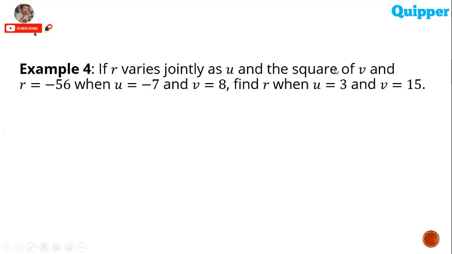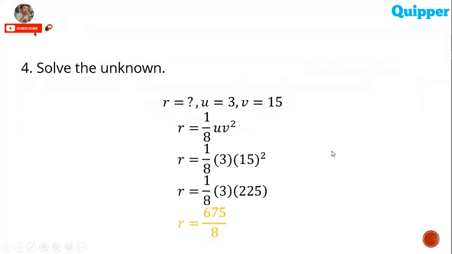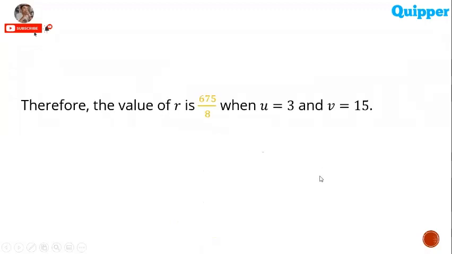If you now have your equation of variation, you proceed to the next problem, finding R when U is equal to 3 and V is equal to 15. Our answer is R is equal to 675 over 8.